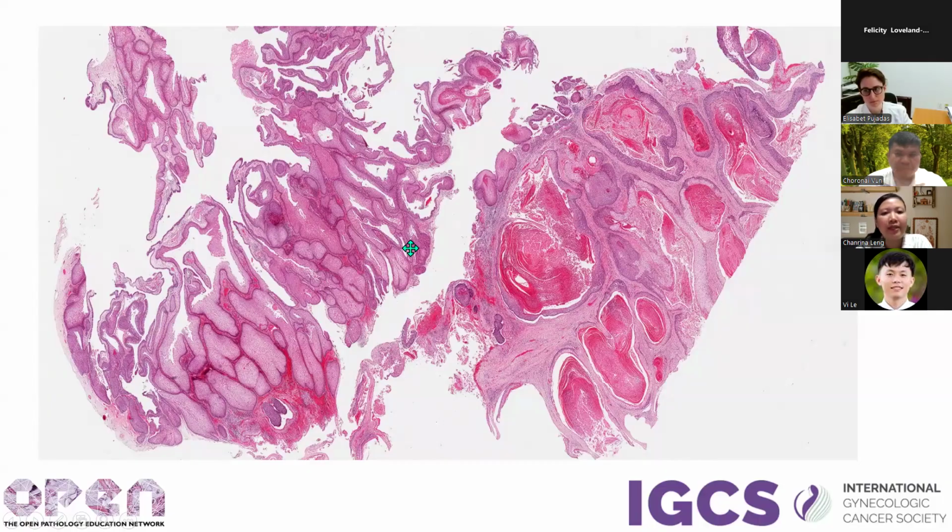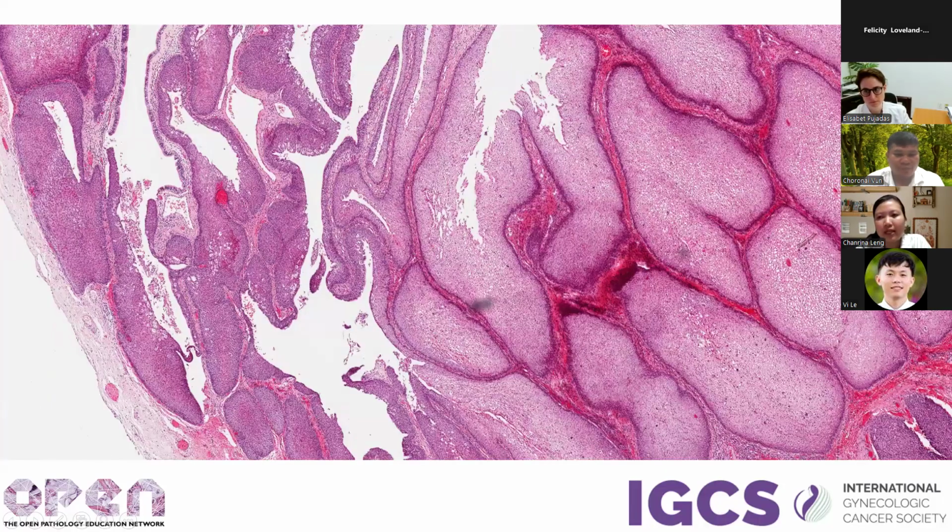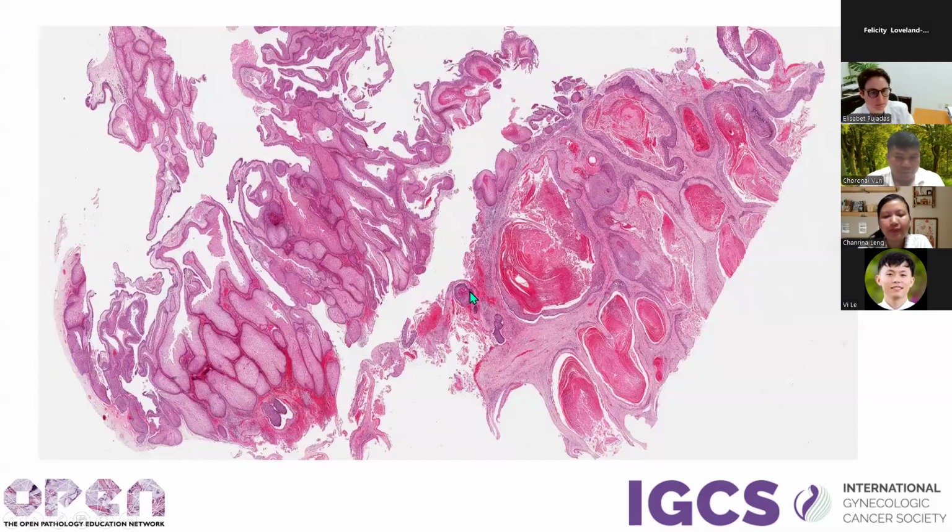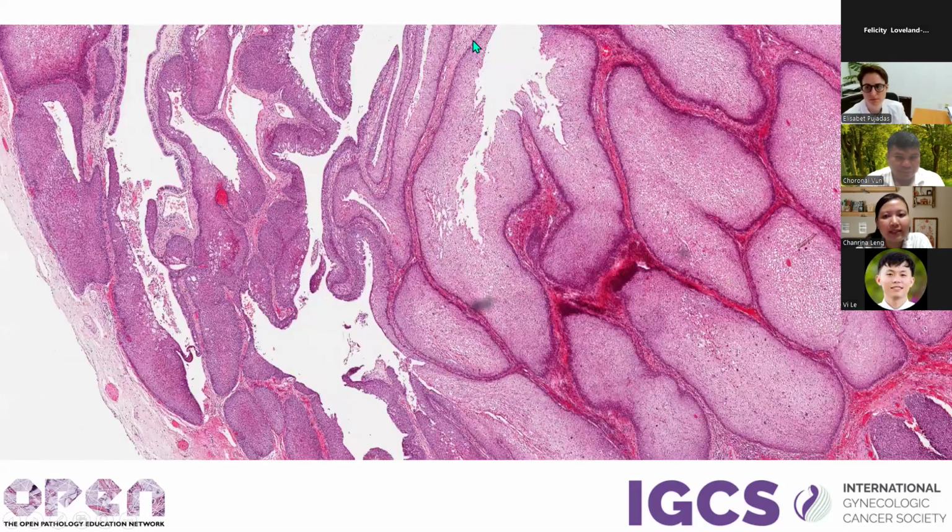On closer examination, I would like to start from the left part of the picture first, around here. We see a lobulated lesion with a well circumscribed border without any visible invasion, and the cells are immature squamous epithelial cells, and there is also a microcyst on the surface.